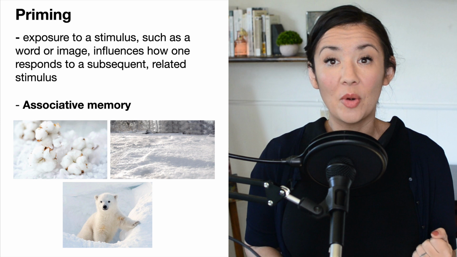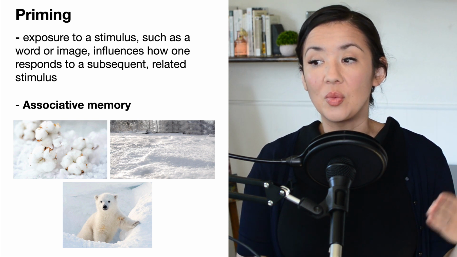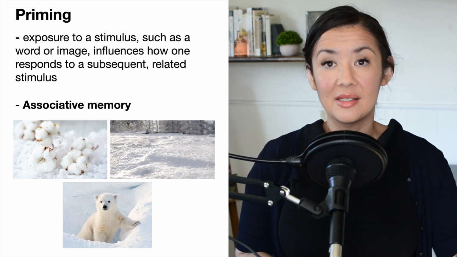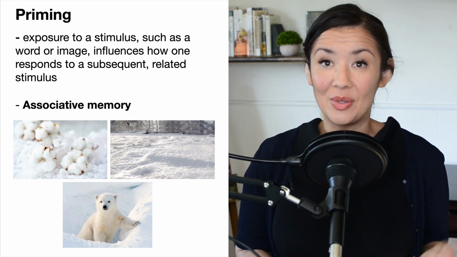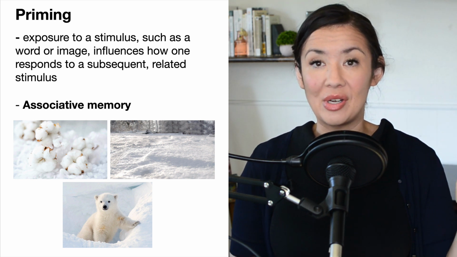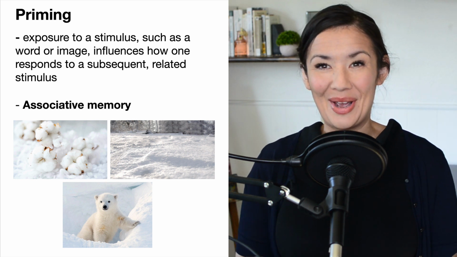Now, we've talked about priming in the past, which is highly related. It's the exposure to a stimulus such as a word or image can influence how we respond to subsequent related stimulus. In the past, I showed you an example where I had you look at a sequence of white images and at the end answer a question, which was, what do cows drink?